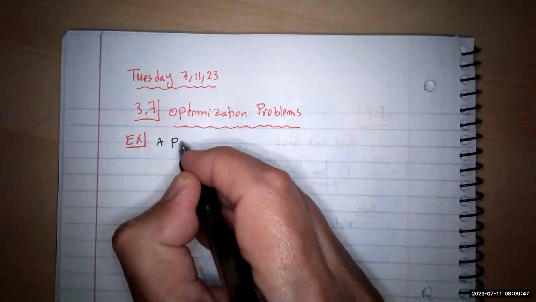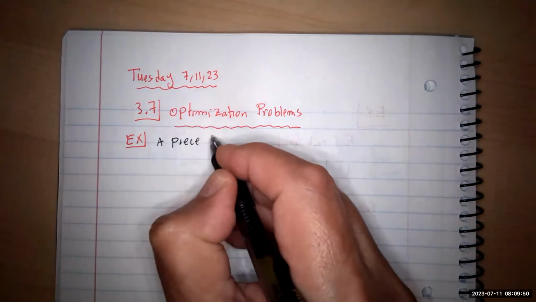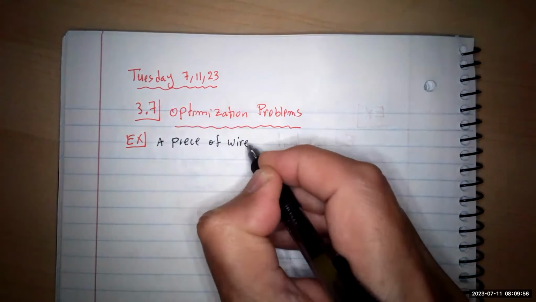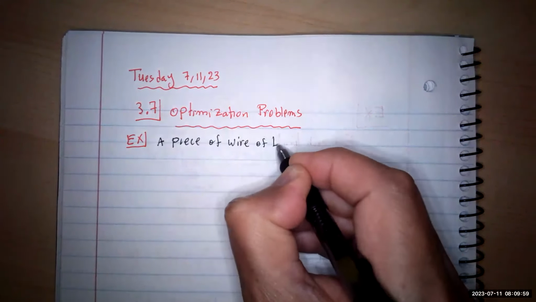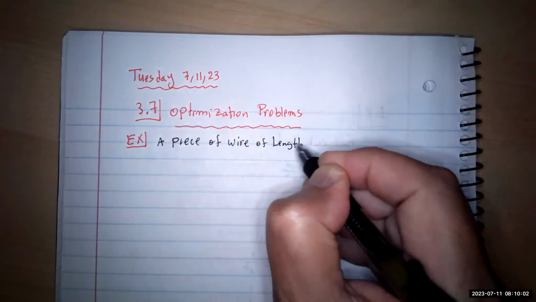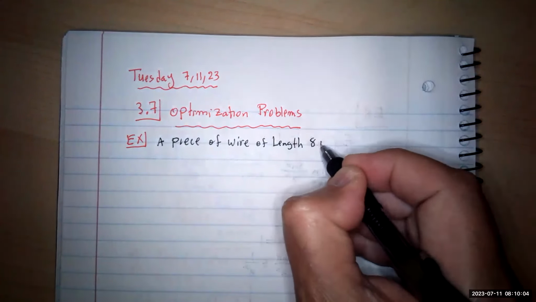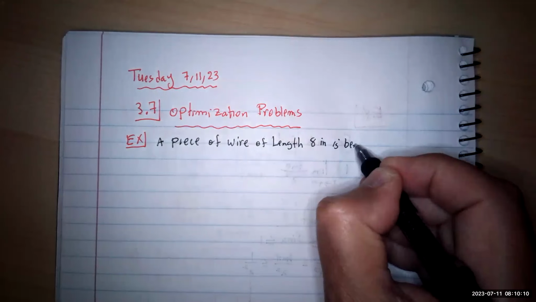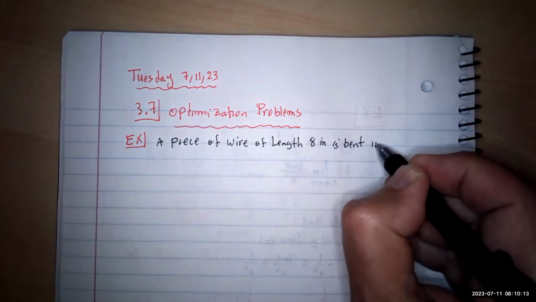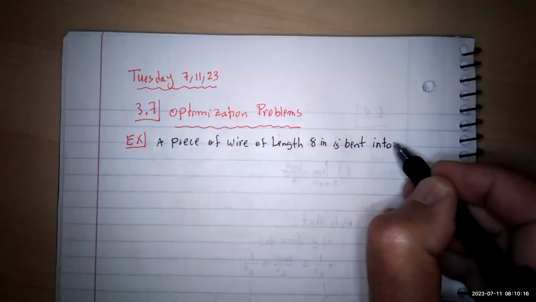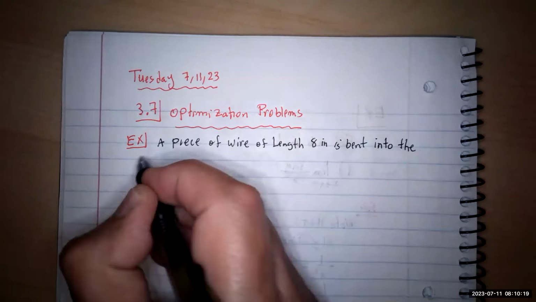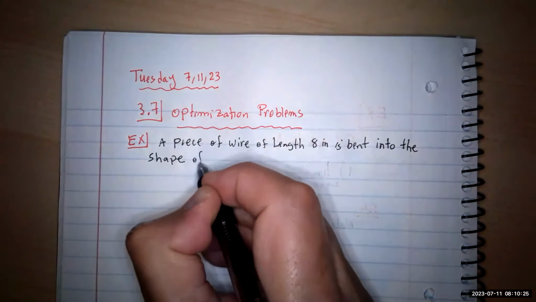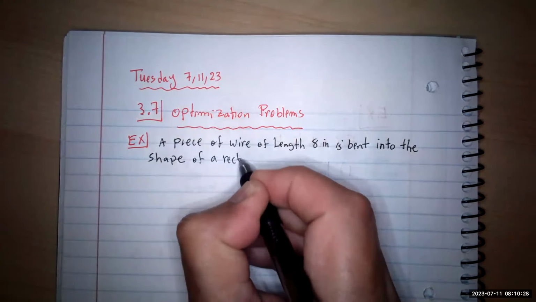So the problem is this. You have a piece of wire with a specific length, in this case 8 inches or 8 yards, etc., which is bent into the shape of a rectangle.